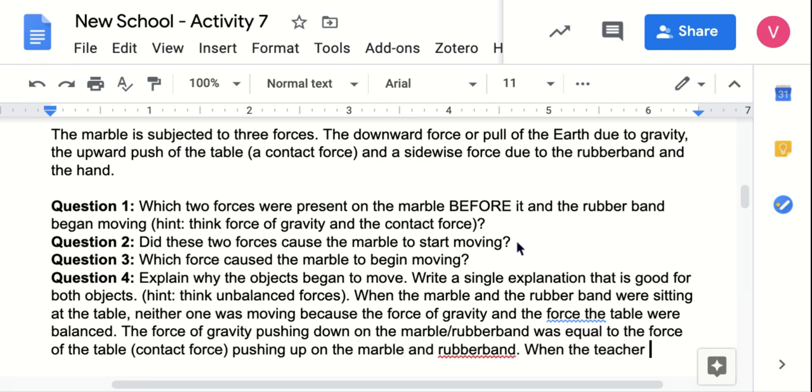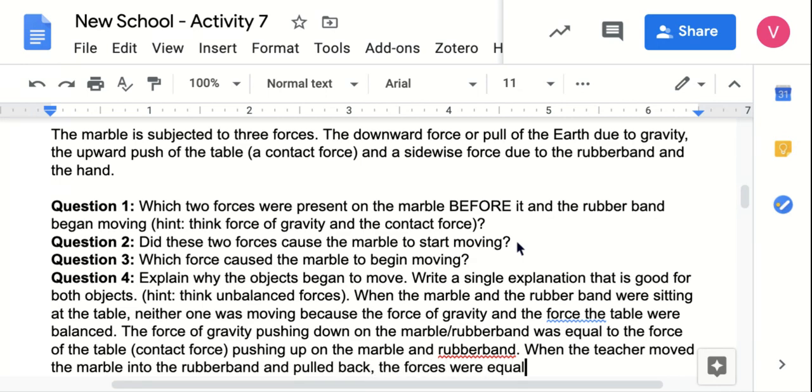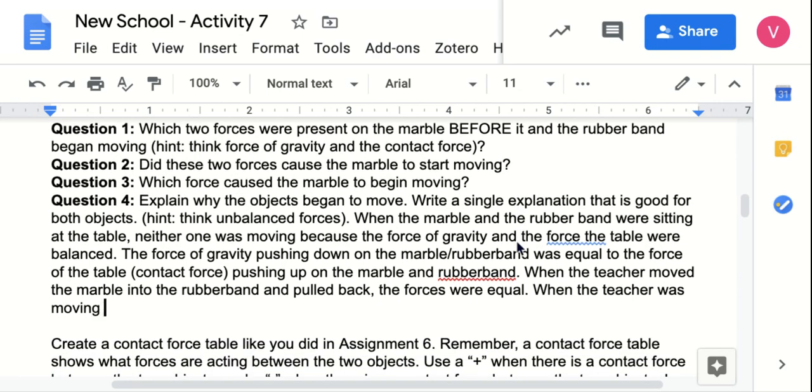When the teacher moved the marble into the rubber band and pulled back, the forces were equal. When the teacher was moving the marble, the teacher's hands were stronger than the rubber band.